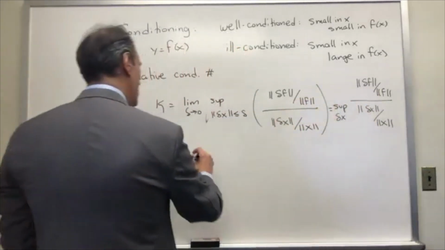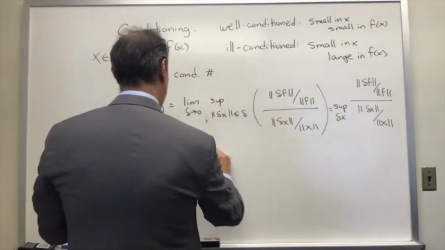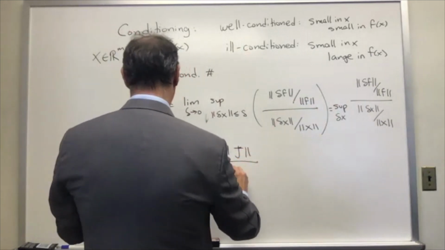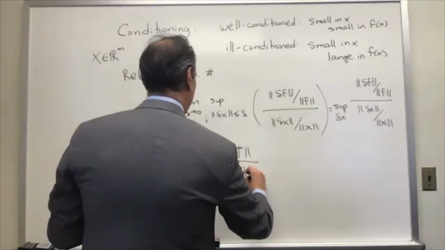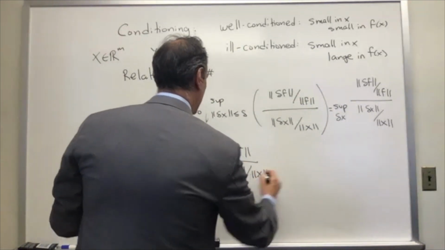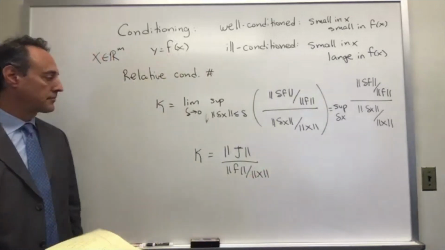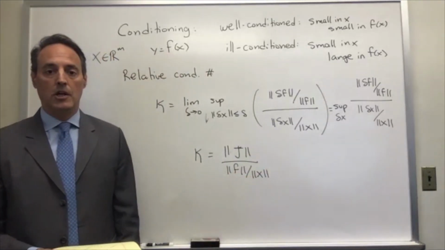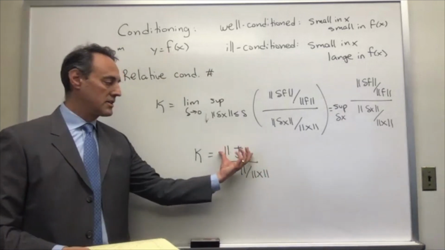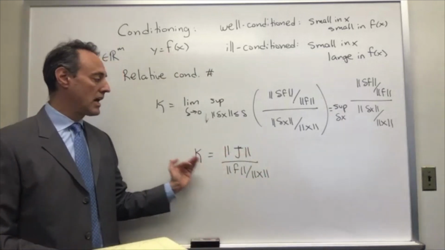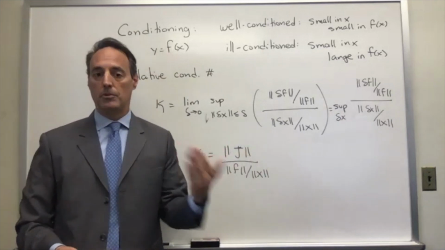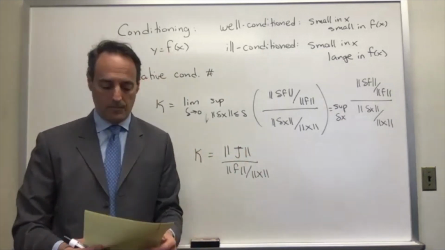In fact, if you do that, here's the only change you get. It's the norm of the Jacobian matrix divided by these normalization factors. So this normalization is now there, and so that gives you the relative condition number available to you for the data.